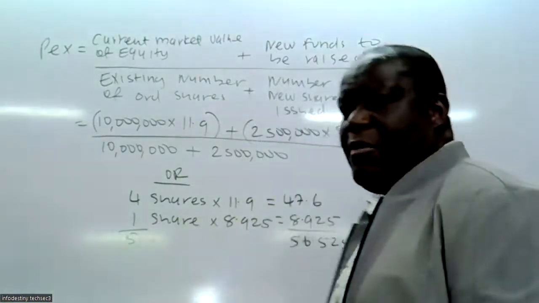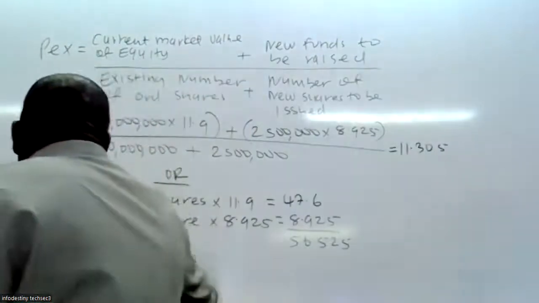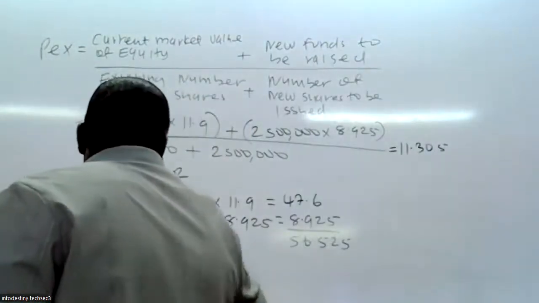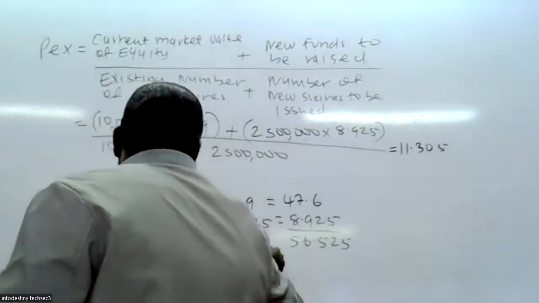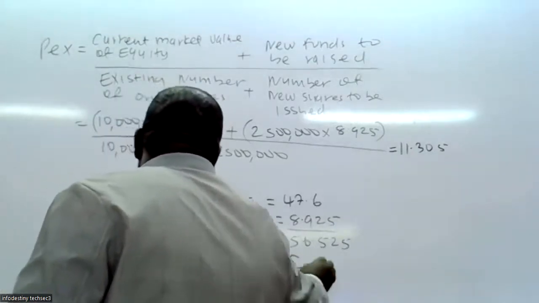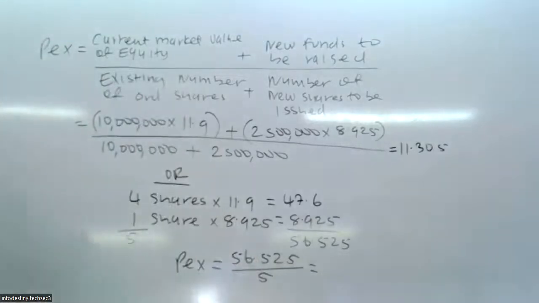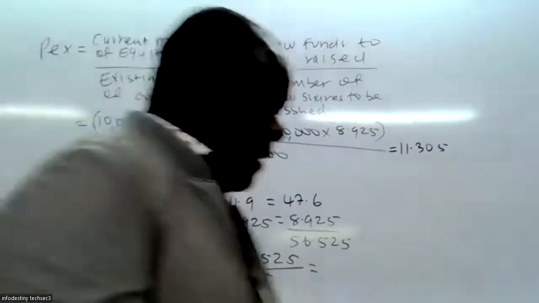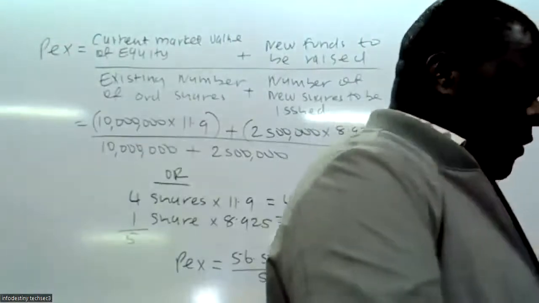So now our theoretical ex-right price, you simply take 56.525, then divide by 5. So confirm whether you are getting the same figure.